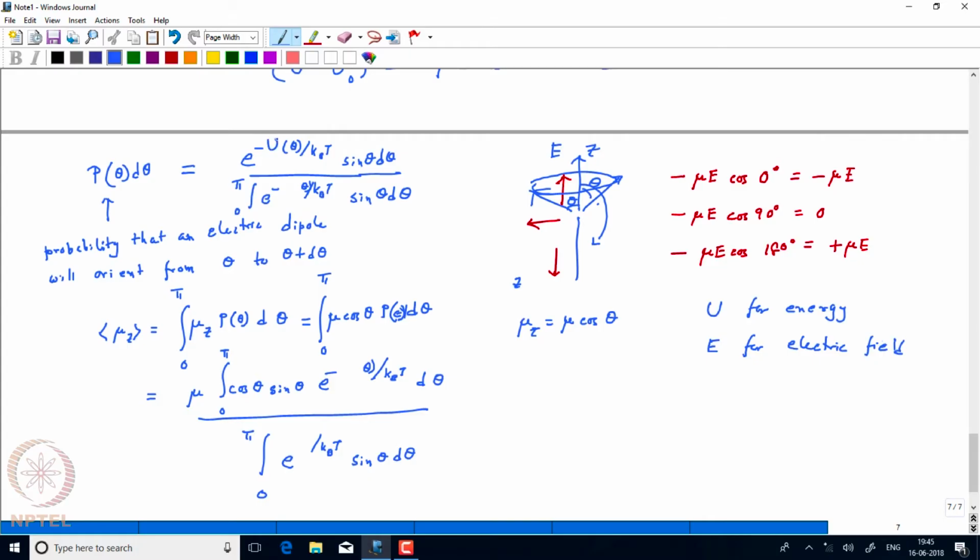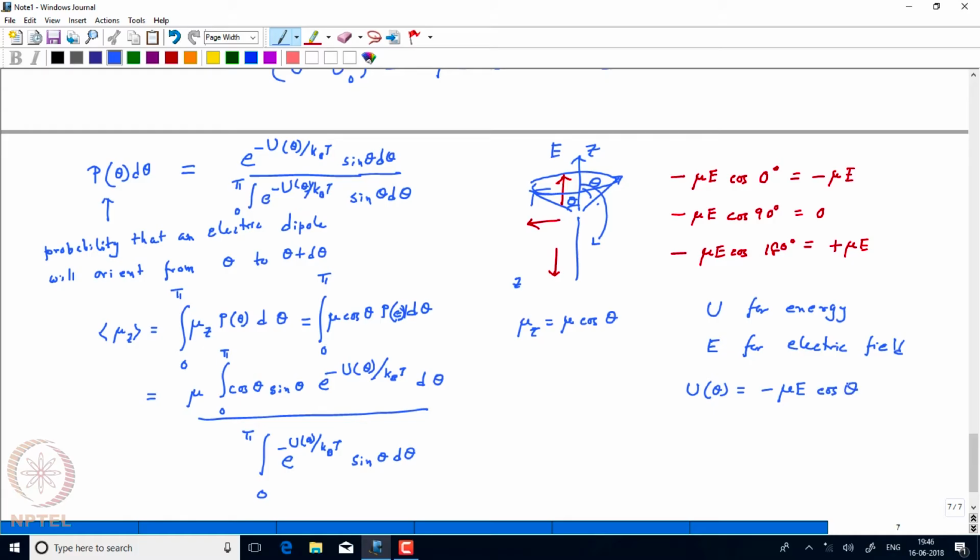It will be basically e to the power minus U of theta divided by kBT. Now, U of theta, you already know, is minus mu E cos theta.